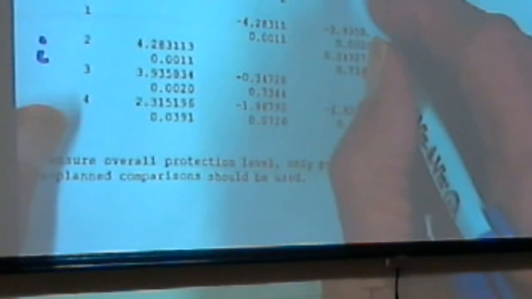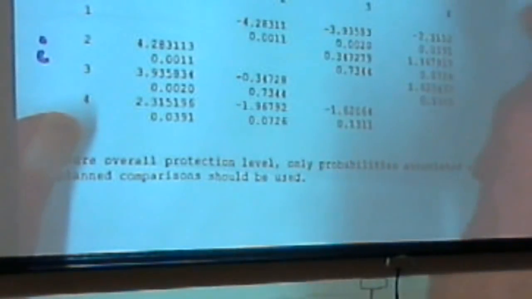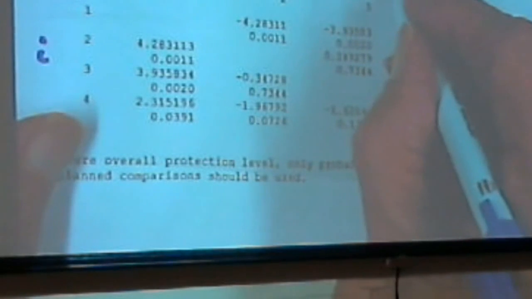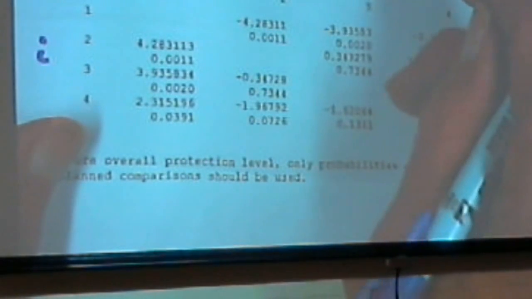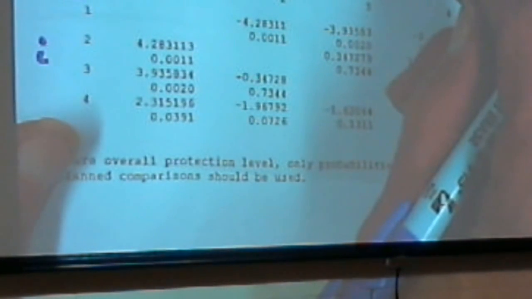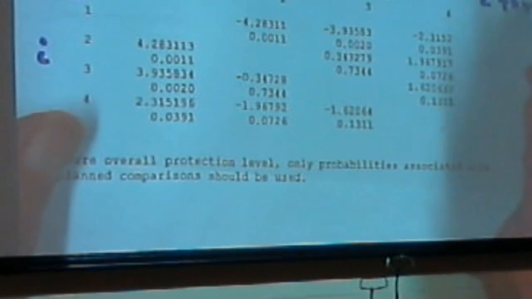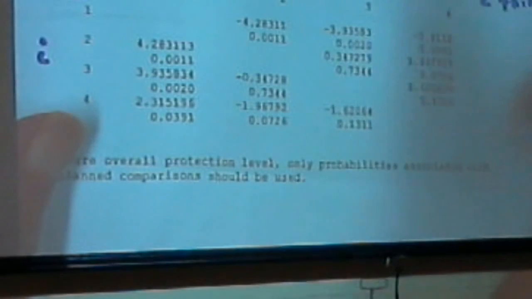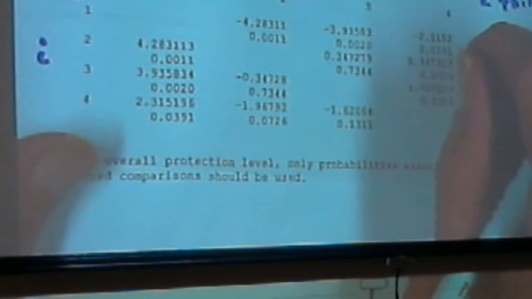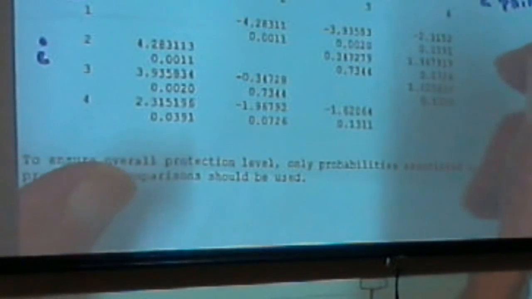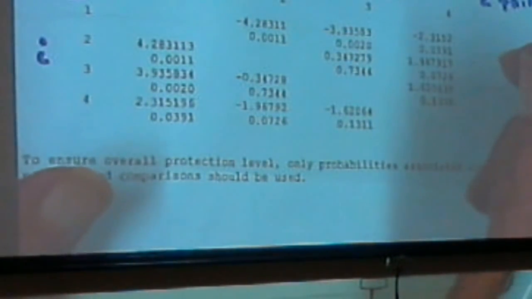And then the second entry is the p-value, as it indicates here. The probability greater than absolute value. Now, this is a p-value for a 2-tailed test. It's a little hard to describe in this shorthand language of the output.